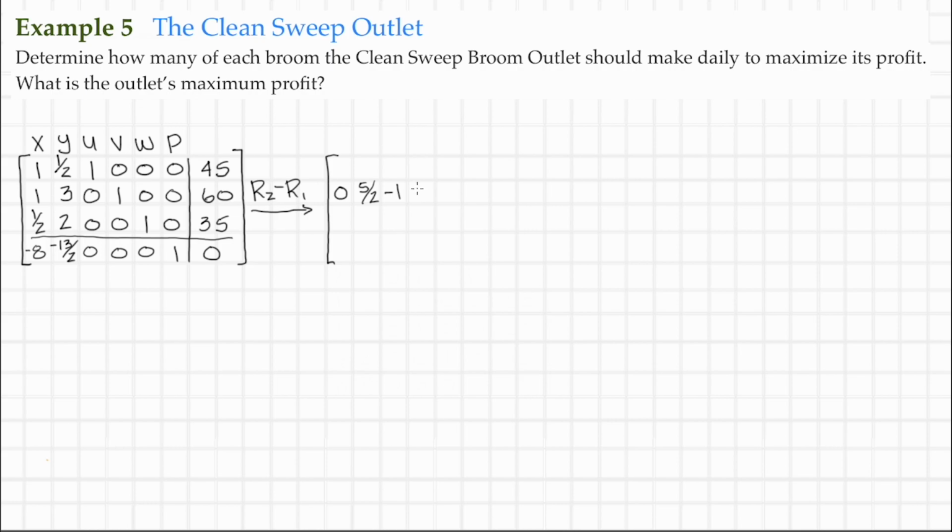This stays 1, 0, 0. Bring down our vertical line. 60 minus 45 is 15. Close off our bracket, and we fill in the rest.